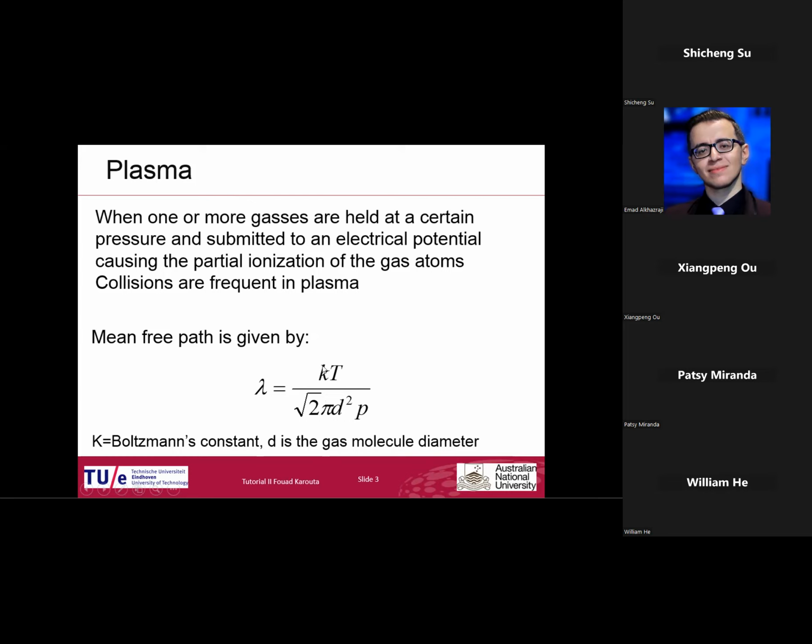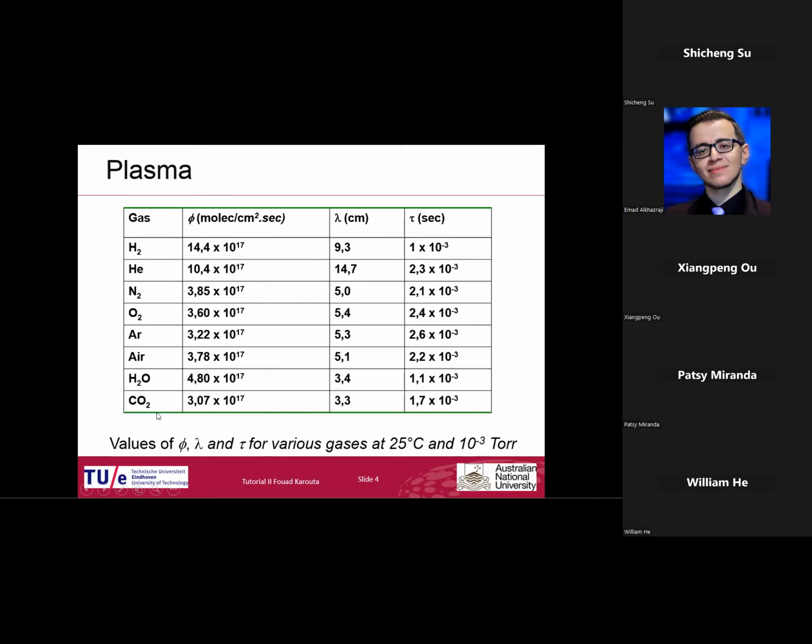That's why for different gases, the mean free path at a certain pressure, here I'm always talking about 10⁻³ torr, which is 1 millitorr. I don't know which unit you are familiar with, but note that 1 millitorr is 7.6 Pascal. So I don't know if you are working in Pascal.